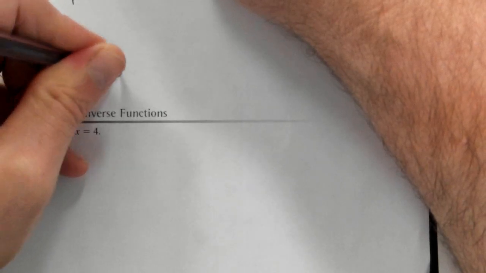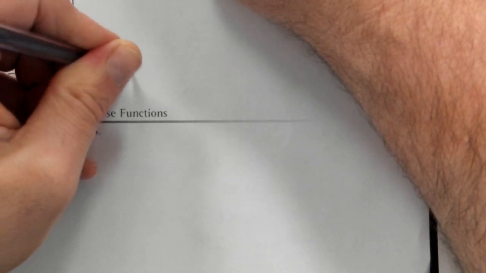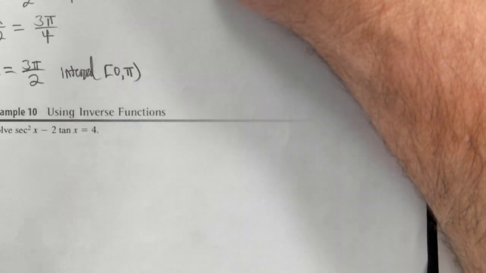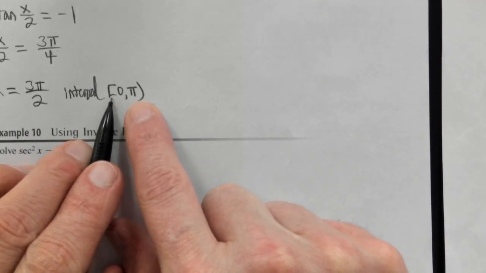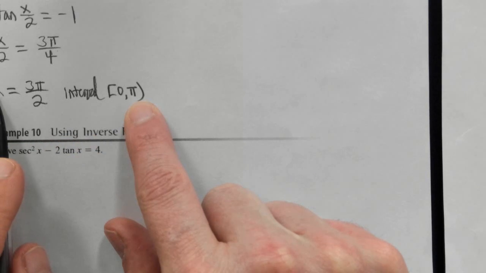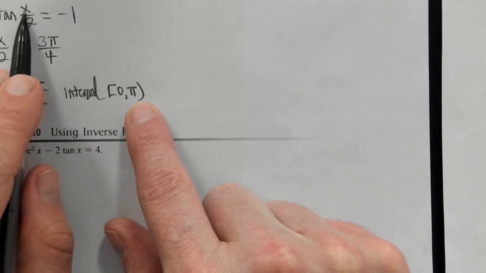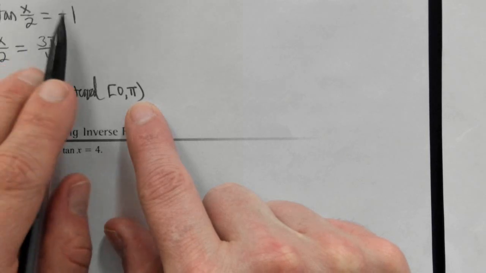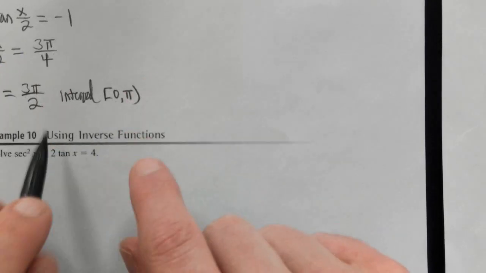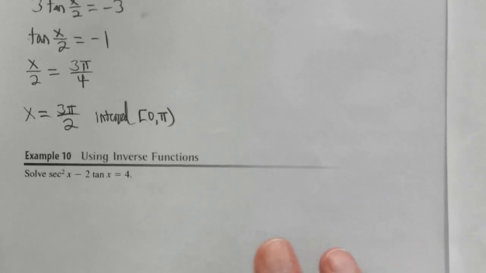That's the interval solution from 0 to pi. And remember, that interval doesn't need an adjustment because this is the x that you're going to plug in here and divide by 2 to get the angle whose tangent is negative 1. So the angle is still correct as far as the interval is concerned.